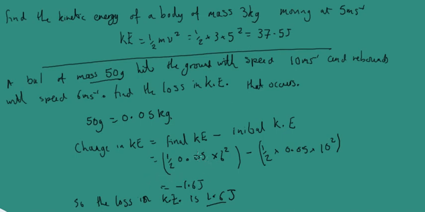Quick little note, sometimes people will subtract the velocities, so they would do 6 minus 10 and get minus 4, and then plug that into half mv squared with the minus 4. Don't do that. That will give you the wrong result. You have to work out the energy at each stage. So I hope that helps.